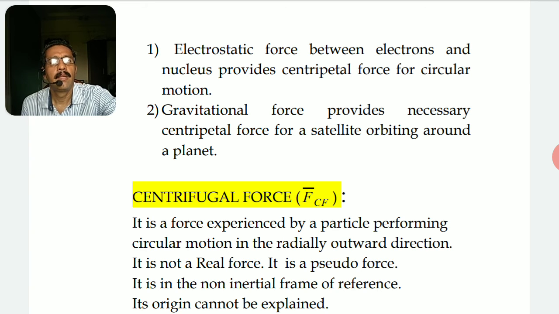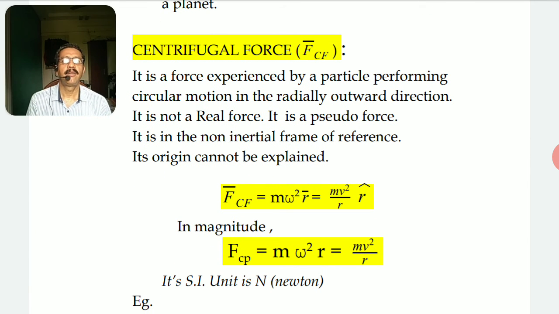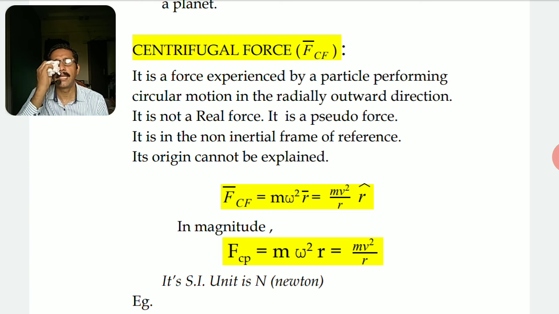Whereas there is another kind of force that we are now going to look into, and that's called centrifugal force. Every particle which is performing a circular motion, being in an accelerated state, will experience a force in the radially outward direction. That is called centrifugal. Centripetal was towards the center; centrifugal will be opposite to that, in the direction of the radius vector, acting radially outward.